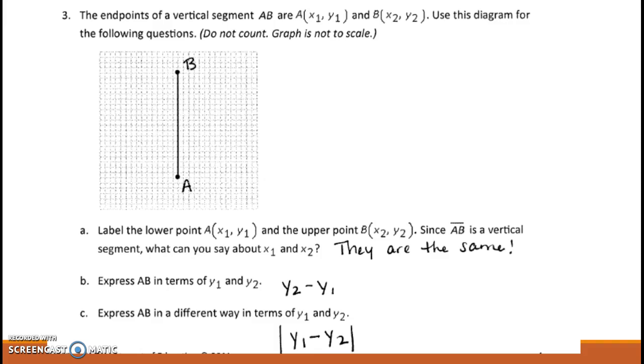So we can express the length of AB by subtracting the y-coordinates. So you can see in part B, one way to do that is subtracting y2 minus y1 or y1 minus y2. Notice these bars. That notation is called absolute value. And you're going to see that in the next part.